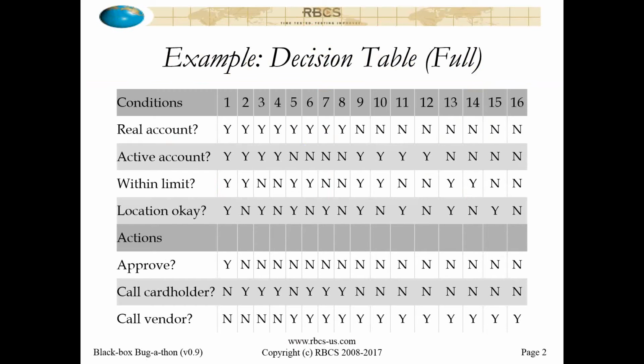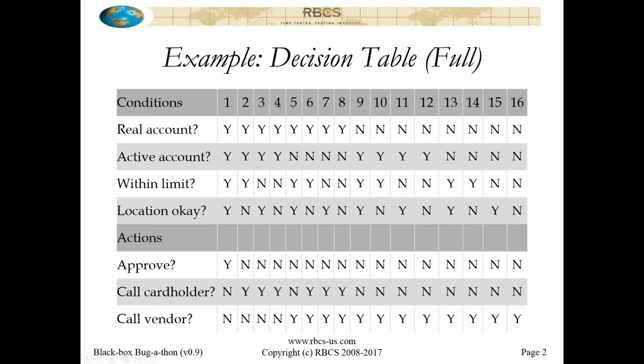We'll start off by looking at an example of a decision table. This is a decision table that shows the logic used to decide how to handle credit card processing.